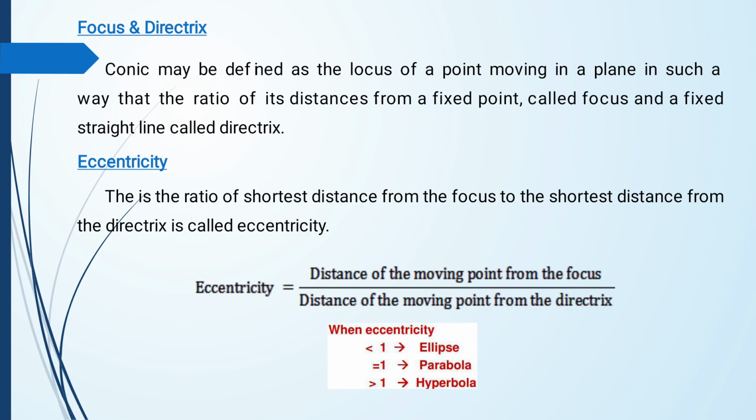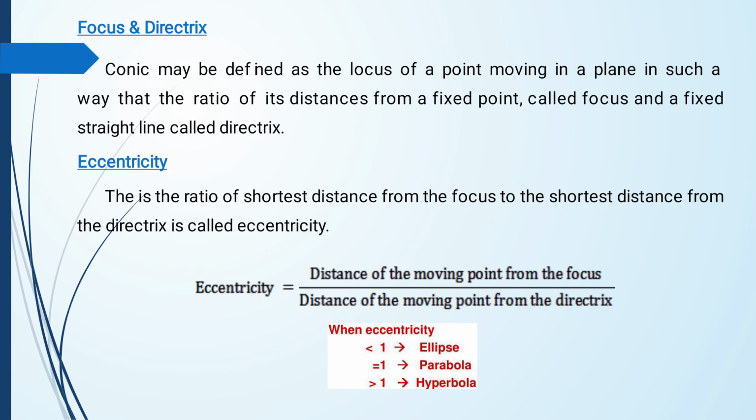That means the distance of the moving point from the focus, as I told earlier, and the shortest distance from the directrix. The ratio between them is called eccentricity. The eccentricity value is very important in every construction of ellipse, parabola, and hyperbola, and it is constant.